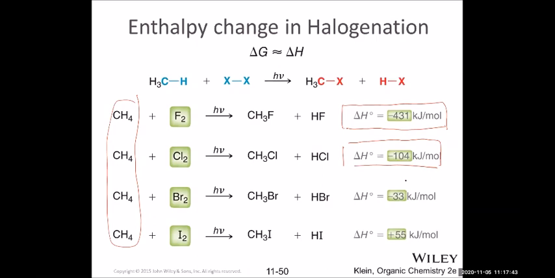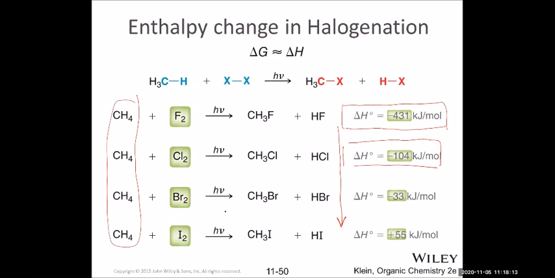The reaction with iodine is actually endothermic. So among these four halogens, the delta G becomes less and less negative, which means the equilibrium constant becomes smaller and smaller from fluorine to iodine. The iodine basically is not favored.